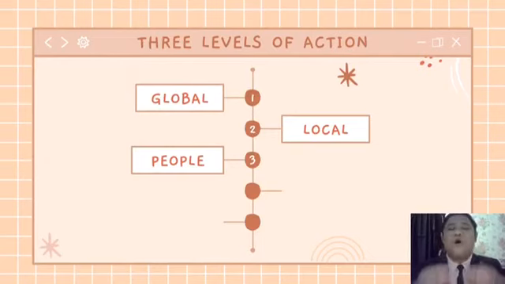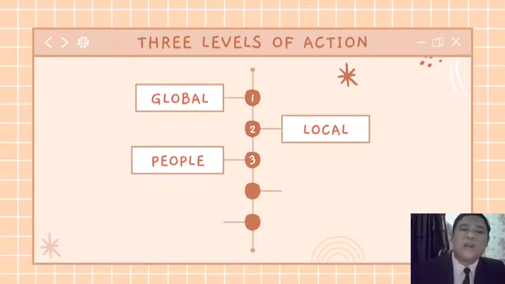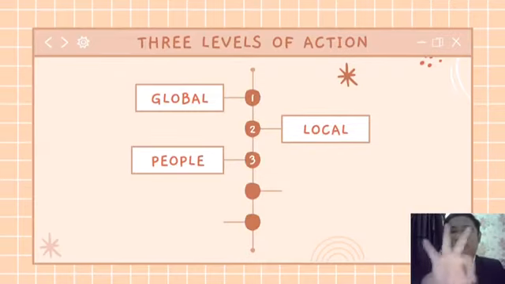With that out of our way, let us take a look at the decade of action itself, which can be divided into 3 levels of action.